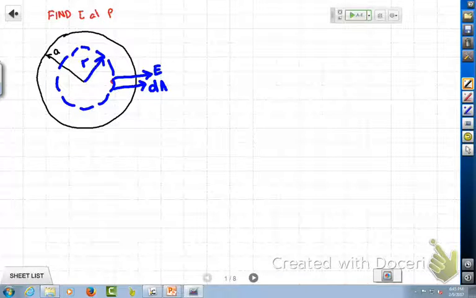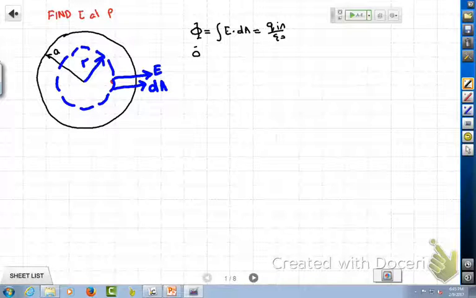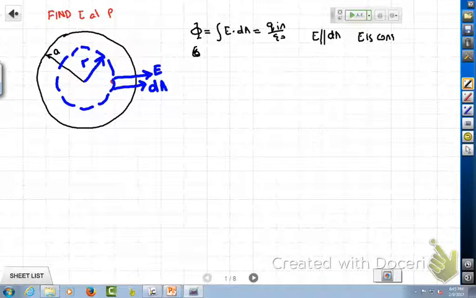So then I say, flux is equal to the integral of E dot dA, which equals Q inside over epsilon naught. I can say E is parallel to dA, and I can say E is constant. Agreed?